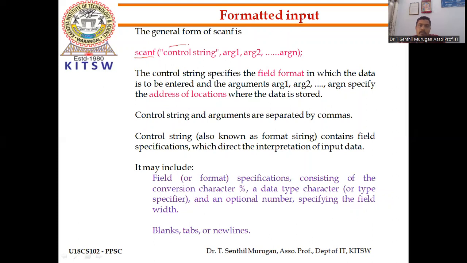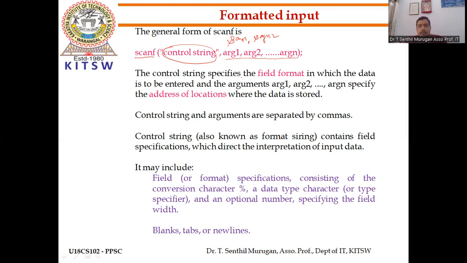You will give format specifiers here, like %d or %f or %ld, whatever you want according to the arguments. The arguments are separated by commas. How can we use the arguments? We give the address values: ampersand arg1, ampersand arg2, like that we will give.